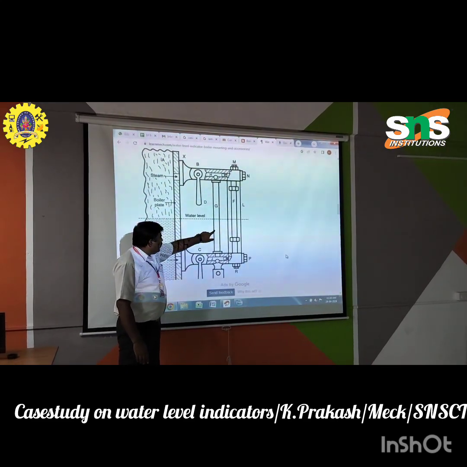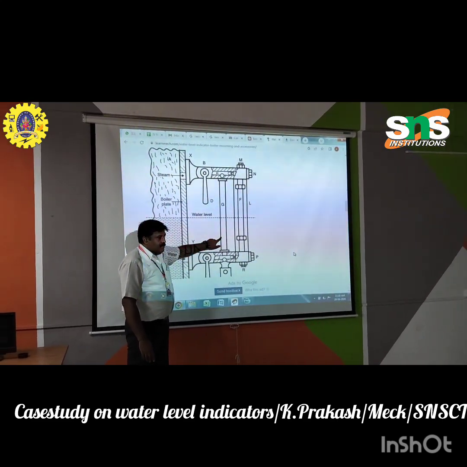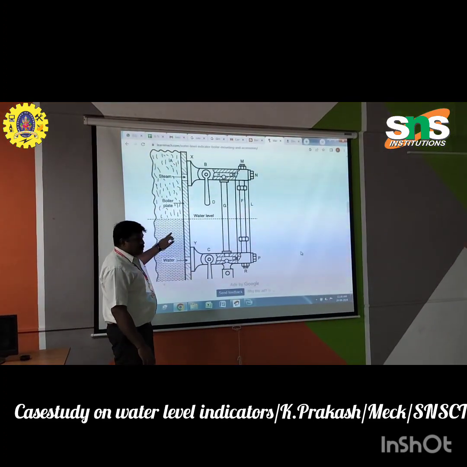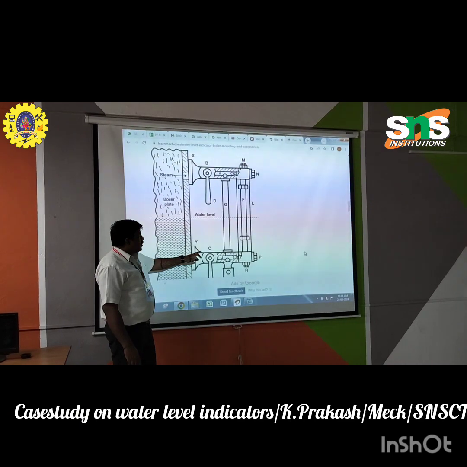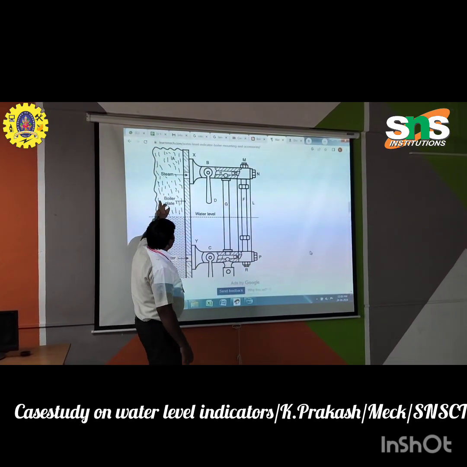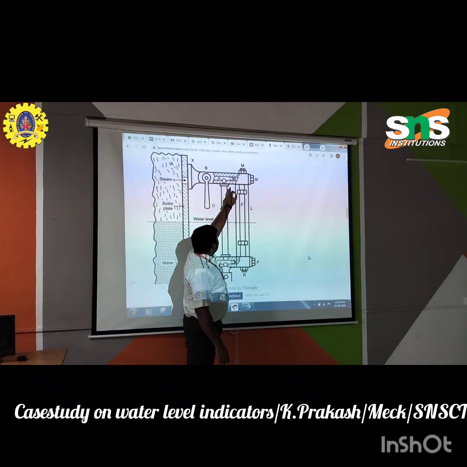Suppose the water level is lower; immediately we can make arrangements to flow water into the boiler. This is called the water level indicator. Here a steam valve is also there, which can be opened.